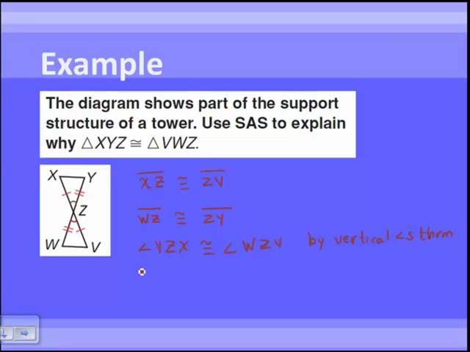So because they're congruent, now we can say that triangle XYZ is congruent to triangle VWZ by the side angle side congruence postulate. So it's a much shorter way of showing that two triangles are congruent.